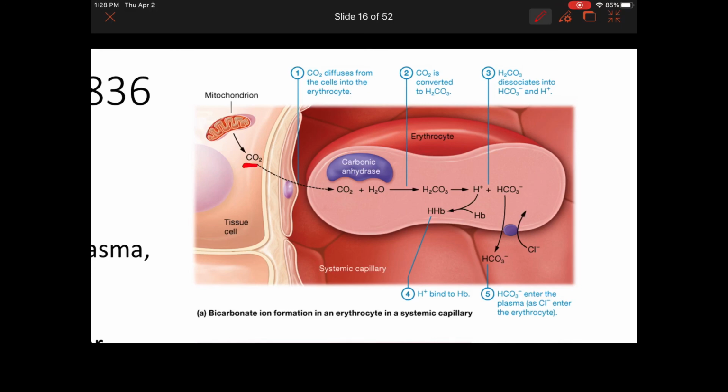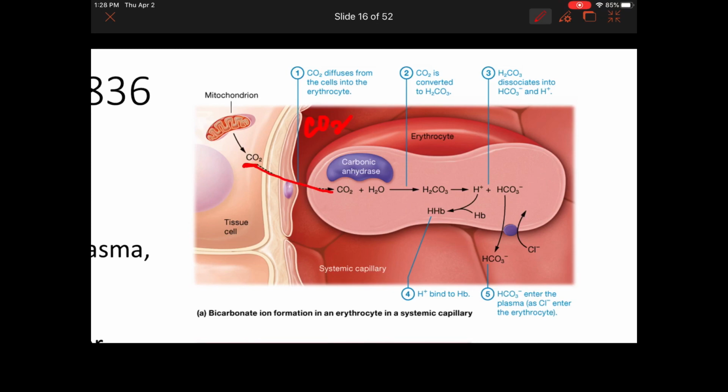Carbon dioxide is generated from tissue cells. A little bit of that carbon dioxide can make its way into the plasma, and so it travels by itself within the plasma.